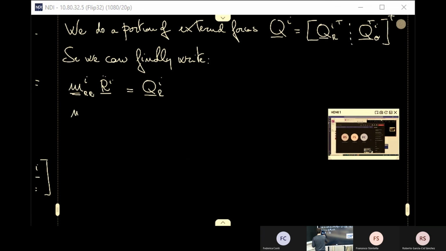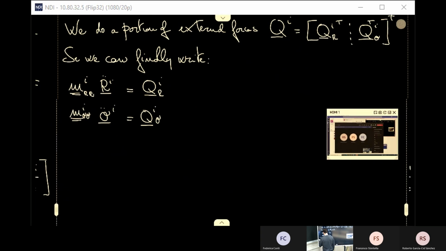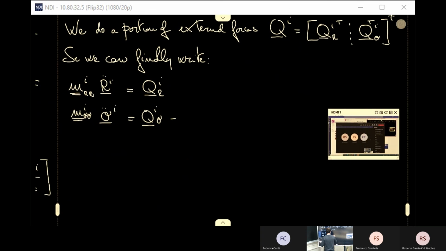And then we have M_theta theta_i equal to Q_theta_i minus 2 omega_i G_i.